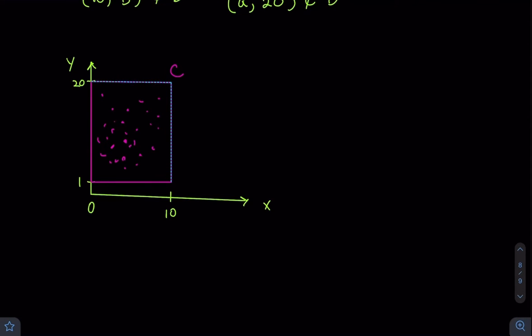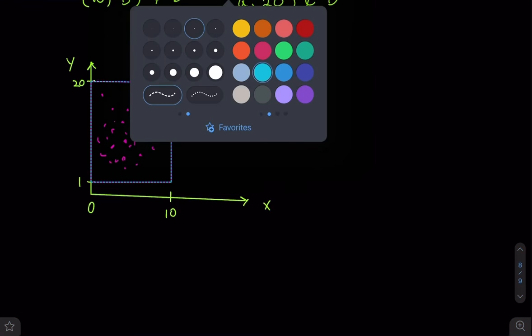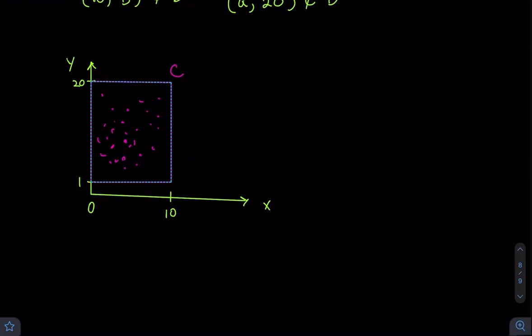So it's the same rectangle, except the edges are dotted because we're not including any points on the edge of this rectangle.